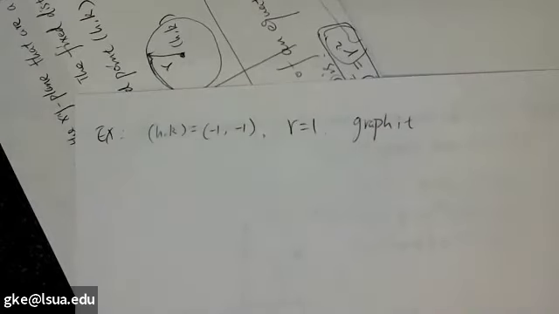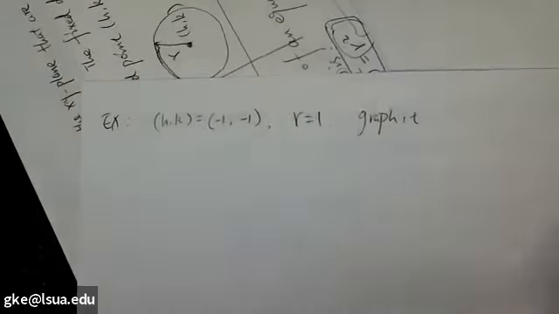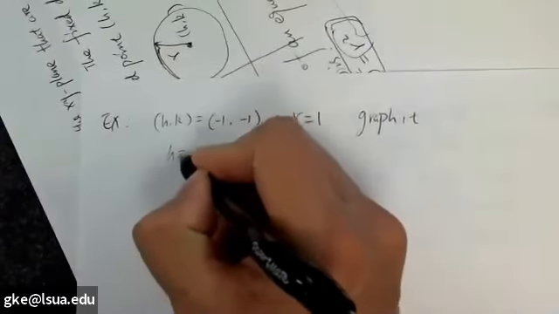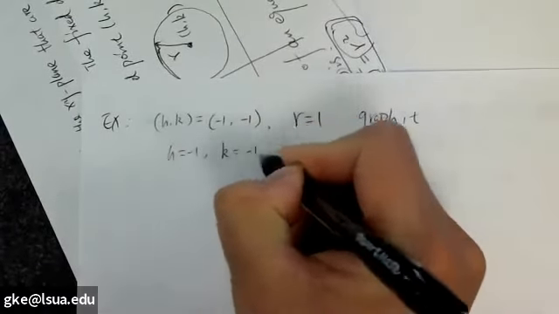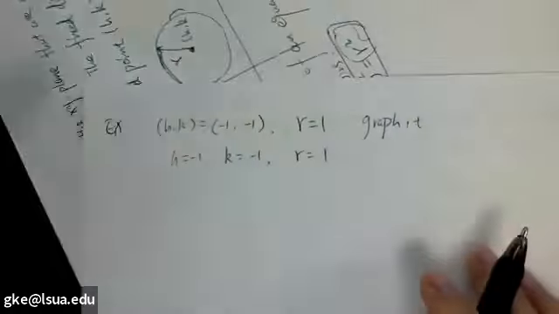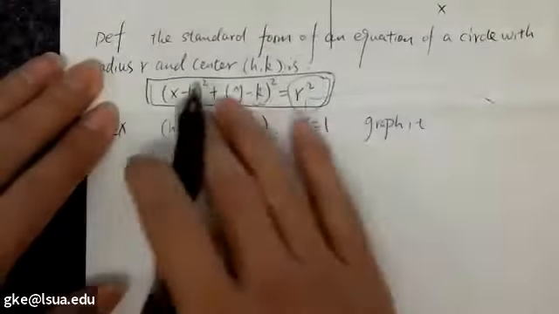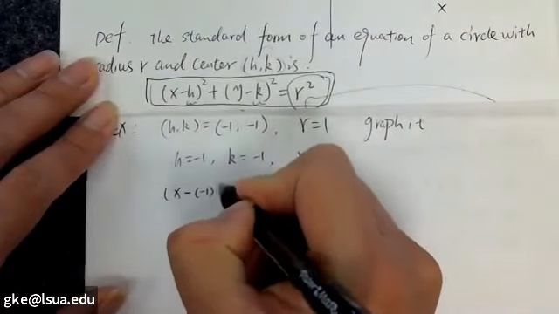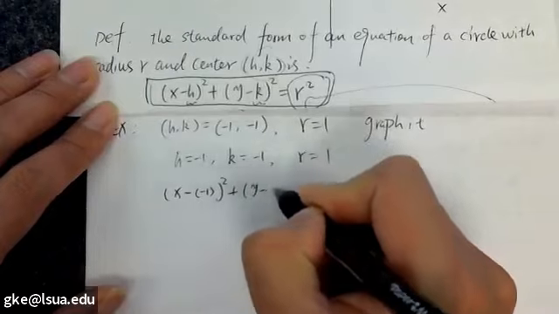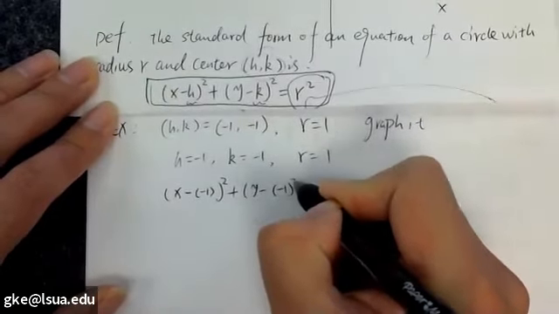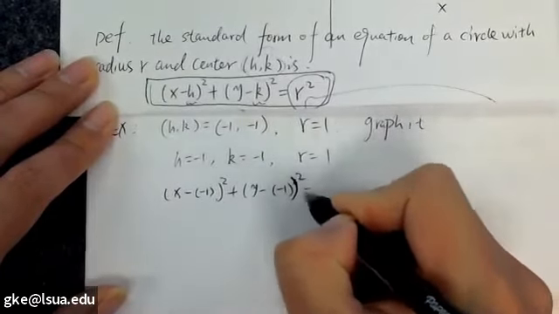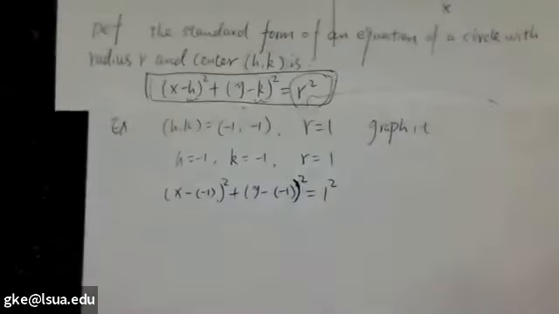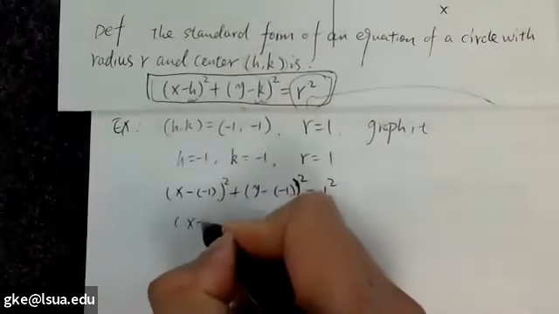Okay, now. So here h equals -1, k equals -1, r equals 1. So just plug in the formula. So x subtract -1, squared, plus y minus -1, squared, equals r squared. And simplify it.